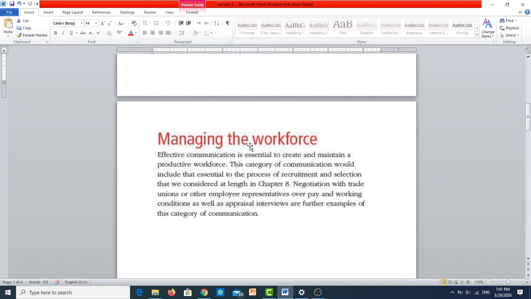Workforce are the people who work within the organization. So to maintain and create a productive workforce, you have to do good and effective communication. This communication also needs the process of recruitment and selection.